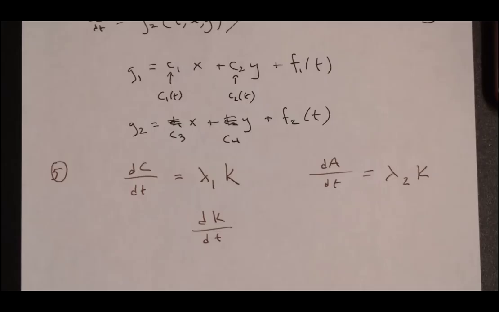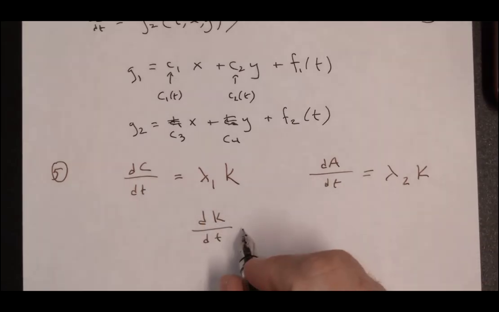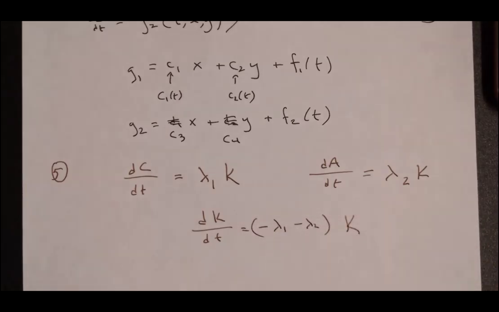Only so much of it decays at a time. So I don't just vaporize my potassium. So whatever went into becoming calcium and argon has to come from the potassium I started with. So as the amount of calcium goes up and the amount of argon goes up, the amount of potassium has to go down.